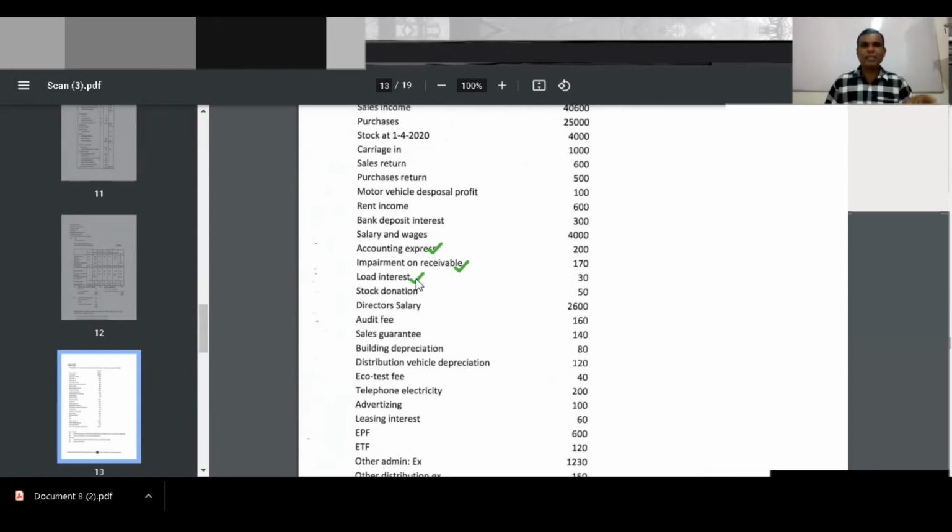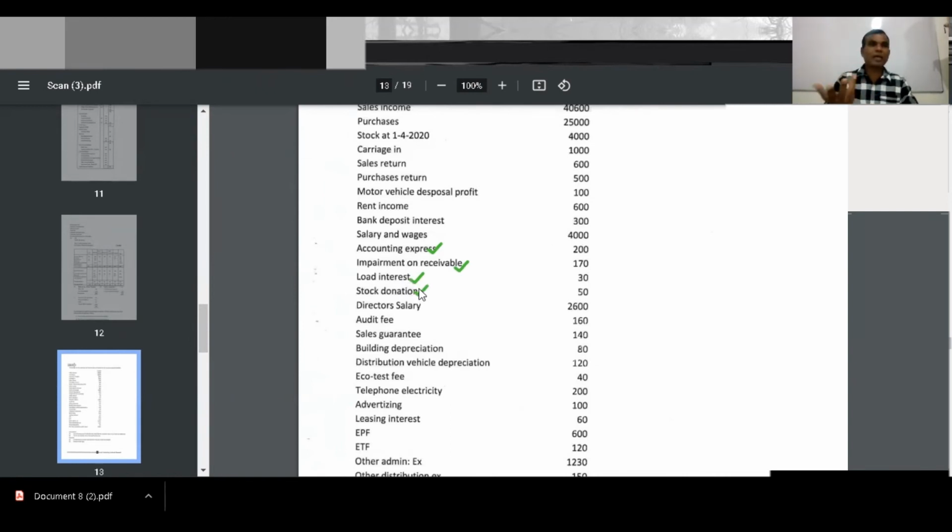So if any interest is paid on a loan, it should be revealed or disclosed, because it can be changed by the board of directors. It is not a normal day-to-day operating expense.